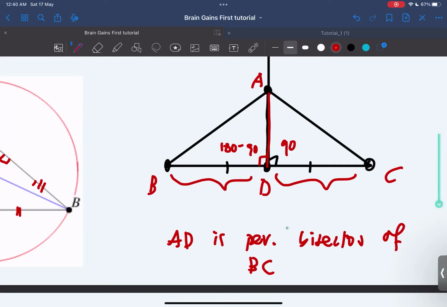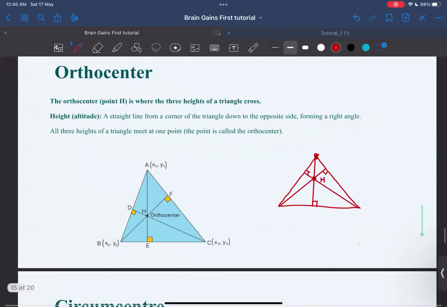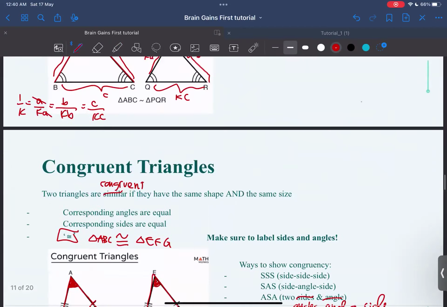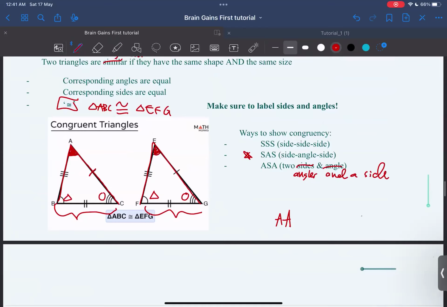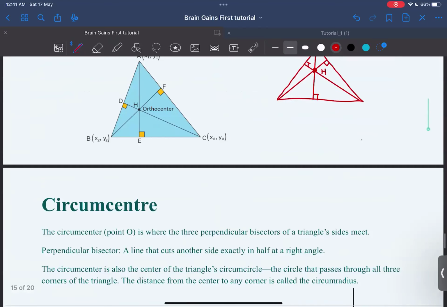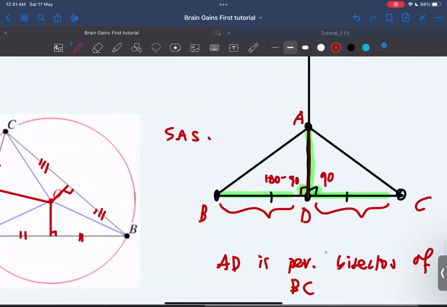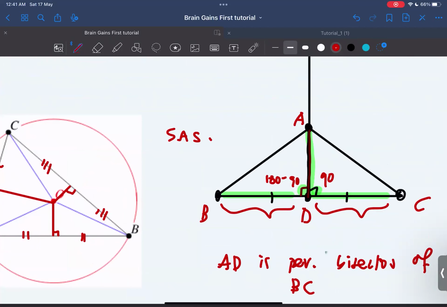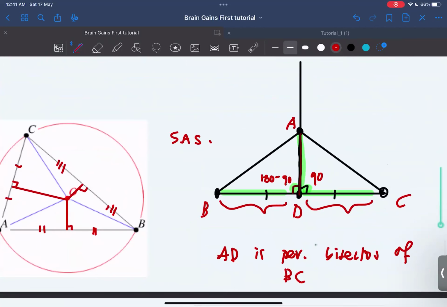I was going to do it through side angle side. So we know that these two lengths are equal. We also know that these two angles are equal, and they share the side here, right? So this is the case that we were talking about before of congruent triangles, side angle side. So we apply it to these two triangles inside our larger triangle, and we're able to prove that they're congruent triangles.